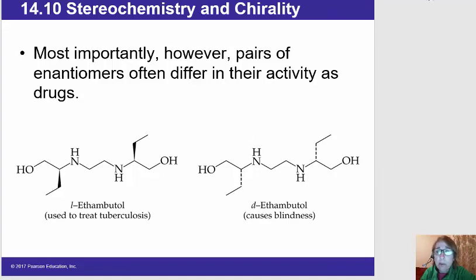Another example of a chiral molecule is vitamin E. When we synthesize vitamin E in the lab, we make both the D and the L enantiomer, but our body only uses one type.